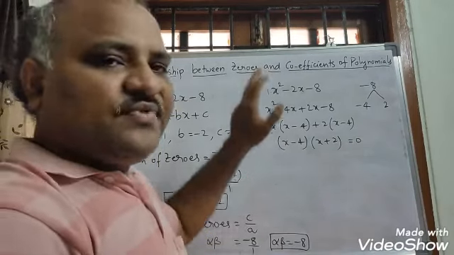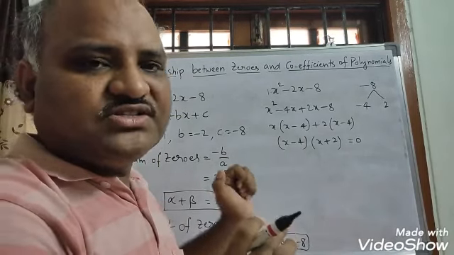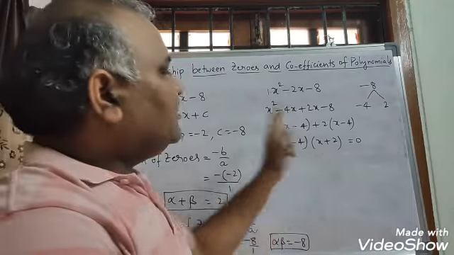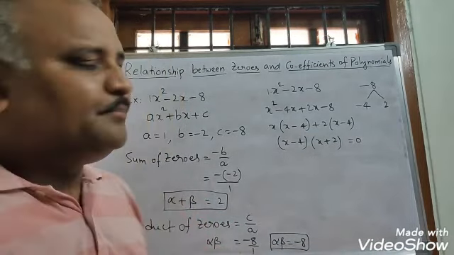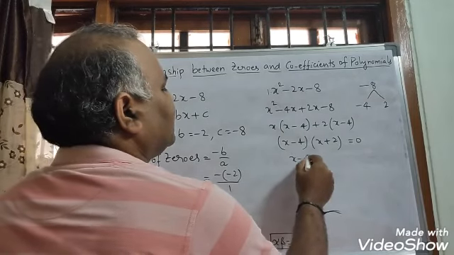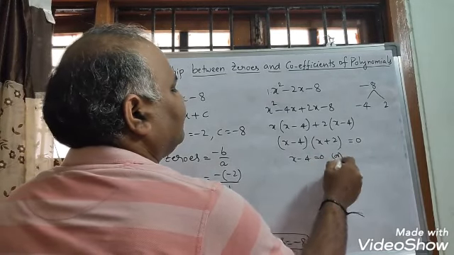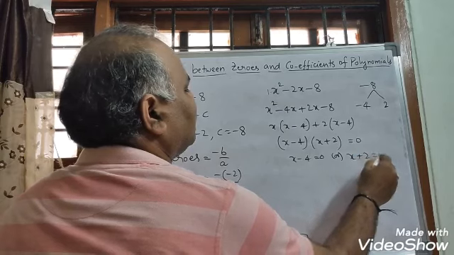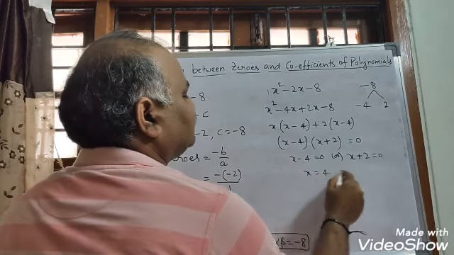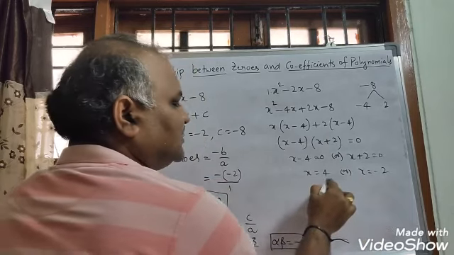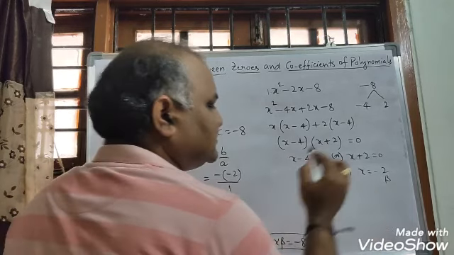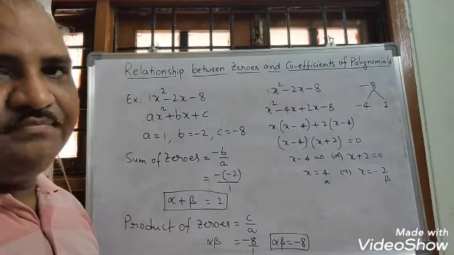Actually here in place of x we have to substitute some constant k, and later equate to 0, but directly here we are considering. So x minus 4 equal to 0 or x plus 2 equal to 0. So x is equal to plus 4 or x is equal to minus 2. So this we can consider as alpha, this we can consider as beta.